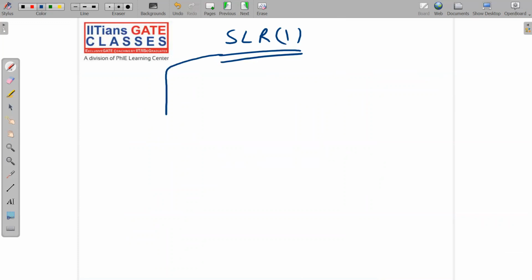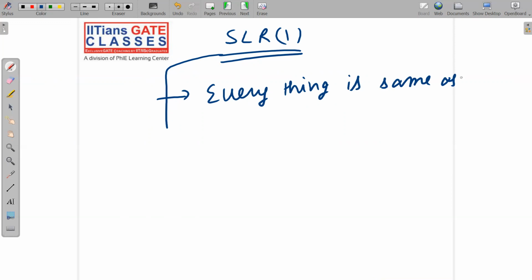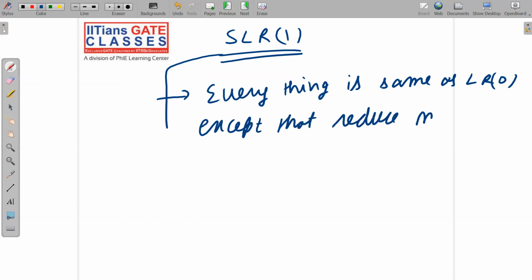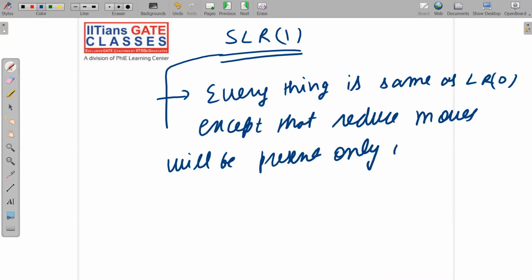For the SLR1 parser, everything is the same as LR0 except that reduce moves will be present only in follow of LHS.